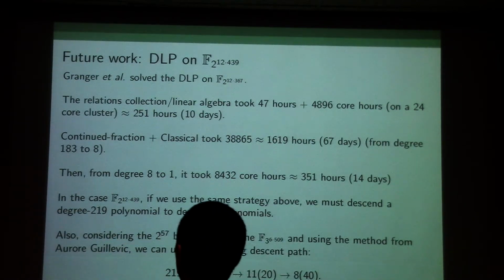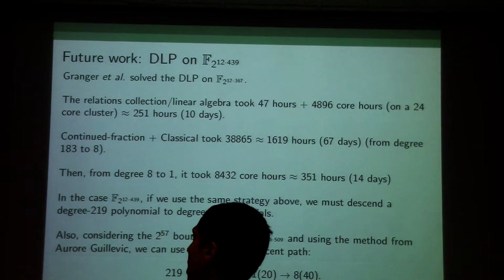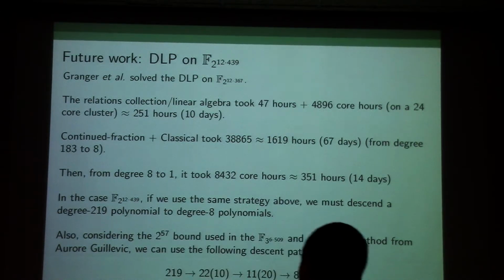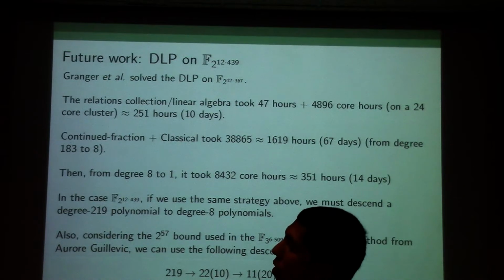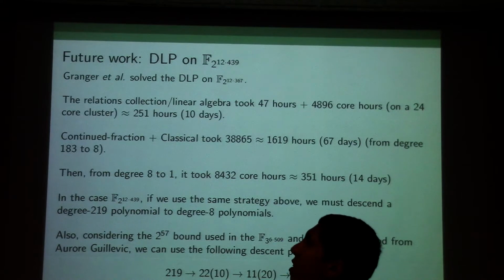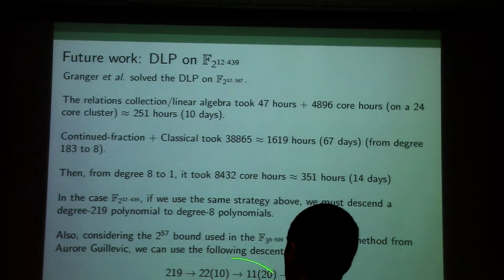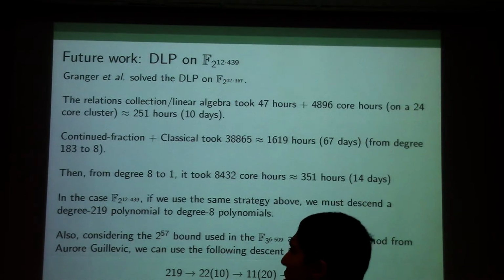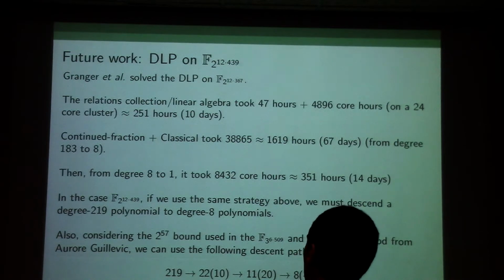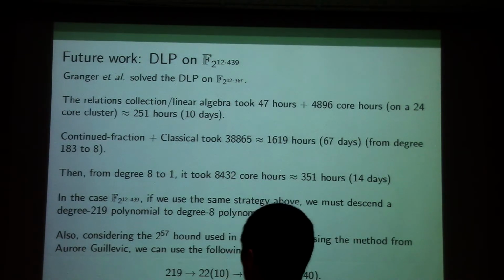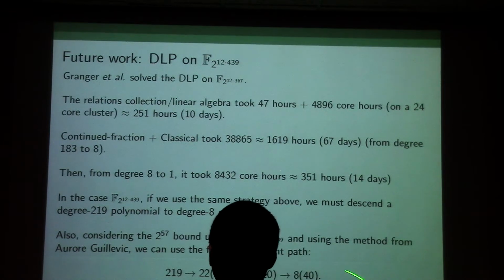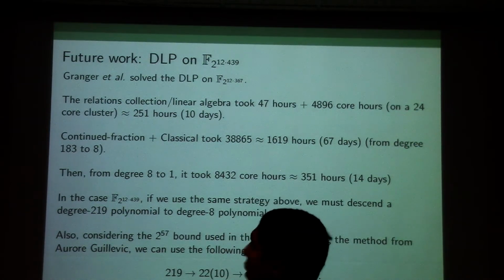It's a method from Rodríguez, and we can descend using this 2 to the power of 57 bound that we used in our computations, which I consider is taking 1 month. So we can descend from 219 to 22, then to 11, and then to 8, having this amount of nodes, which is not rigid. These are like upper bounds in number of nodes. So we can do it in about 3 months.